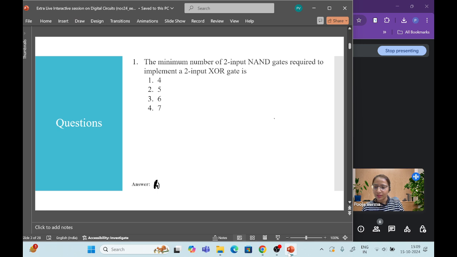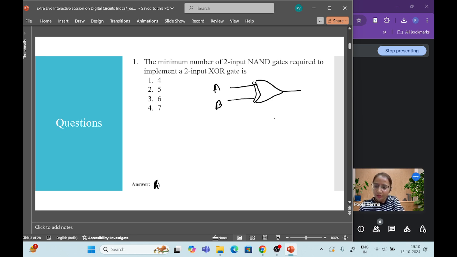Okay, so let's see how we can solve this problem. The minimum number of two input NAND gates required to implement a two input XOR gate. First, we will see what the XOR gate is, and what its logical expression and truth table are.